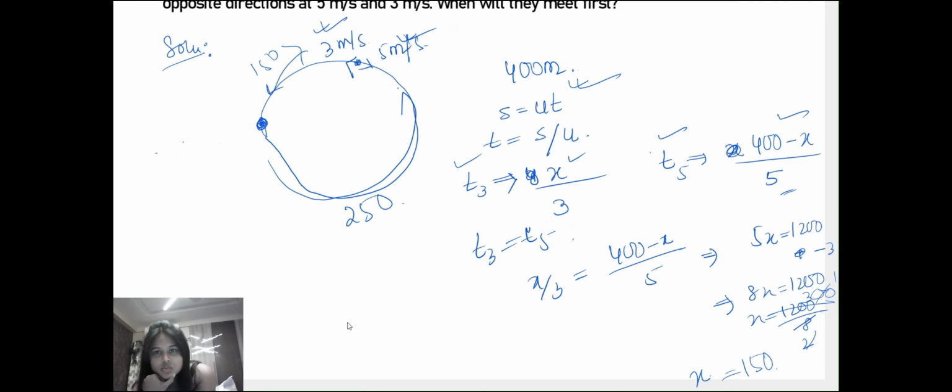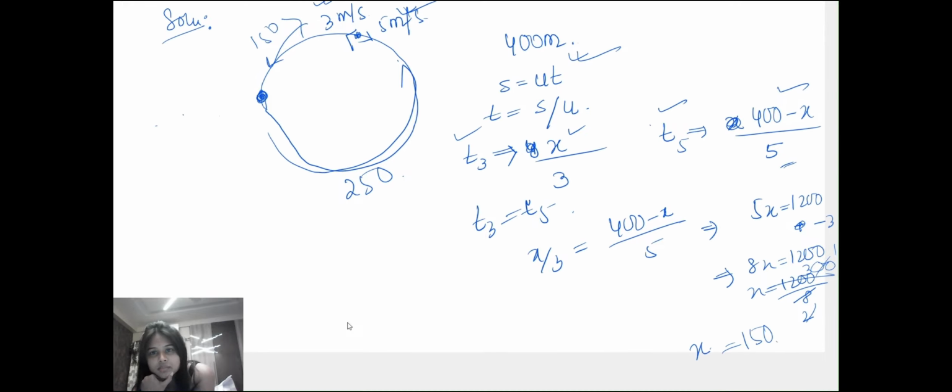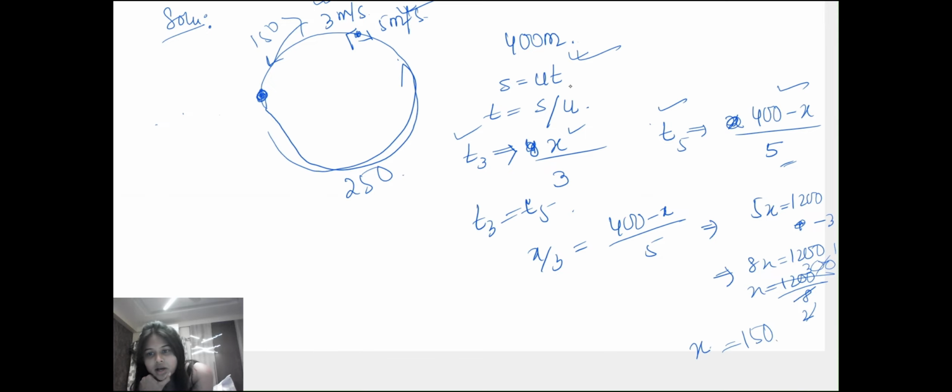Right? So what was the question? When will they meet first? Now to find the time, when will they meet first, we can get from here T3 equals 150 by 3. That is 3 5s are 15 and 0. Therefore, at 50 seconds, they will first meet.